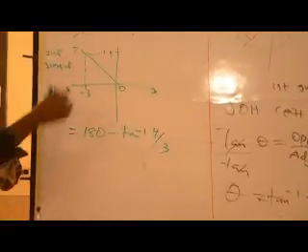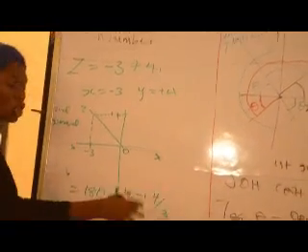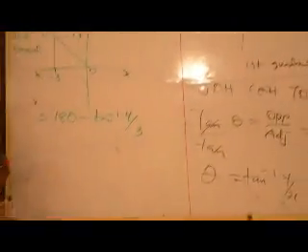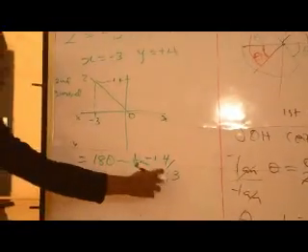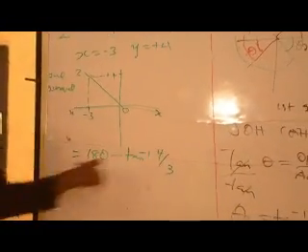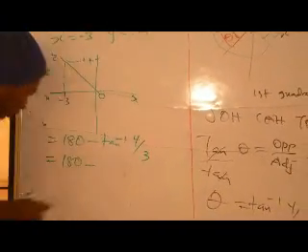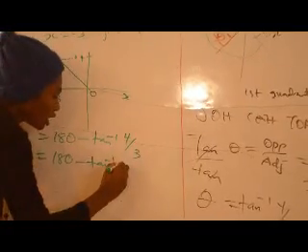Now, even though our x is having a minus sign, we will not be including the minus sign here because we are using absolute values. So it will be 4 over 3, no longer minus 3, because we are using absolute values. So this is it. So we will be calculating this now, which is 180 degrees minus the tan inverse of 4 over 3, which will give us 1.33.